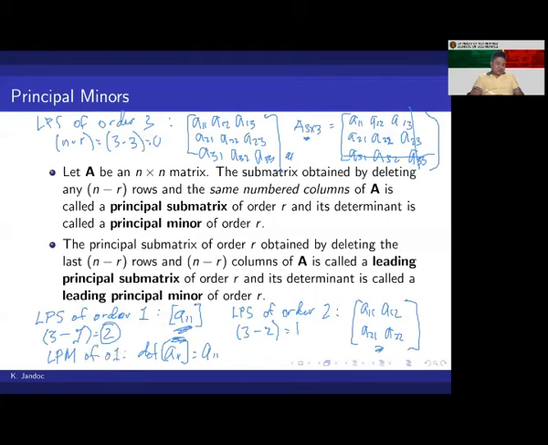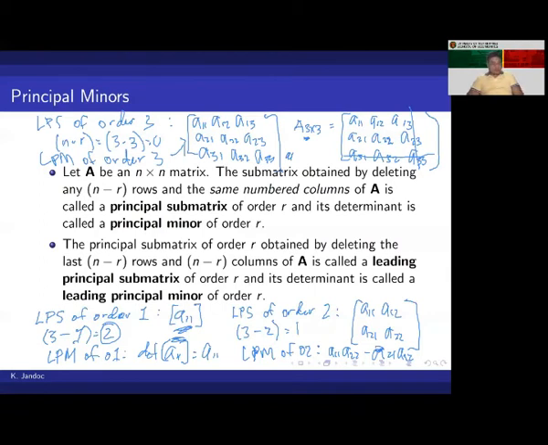What is the leading principal minor of order 2? Well, it's the determinant of this matrix, so it's A11 A22 minus A21 A12. And the leading principal minor of order 3 is the determinant of this matrix.